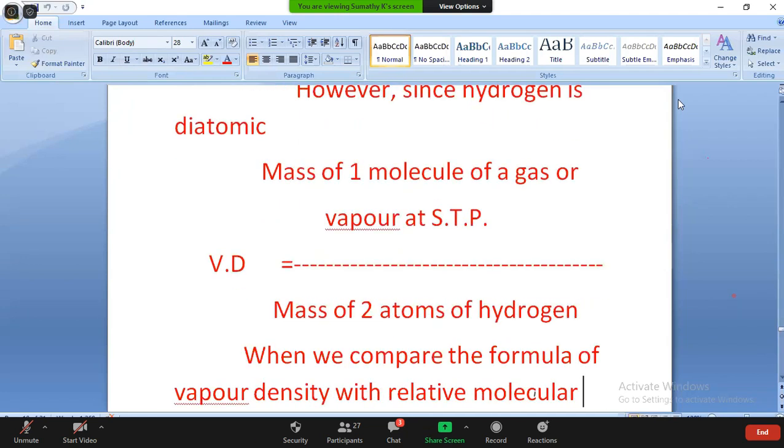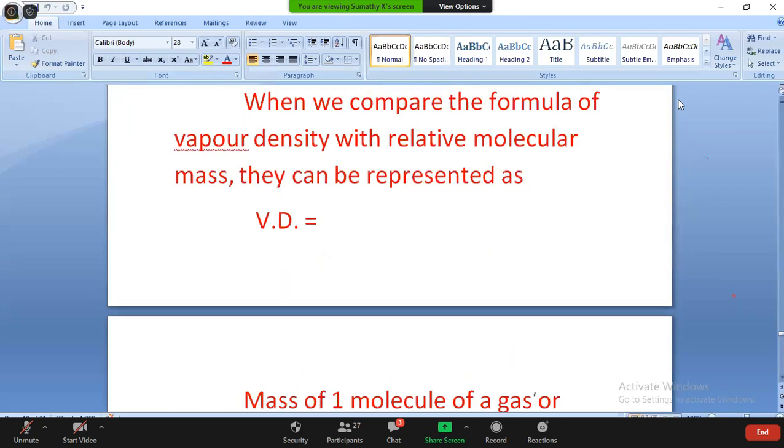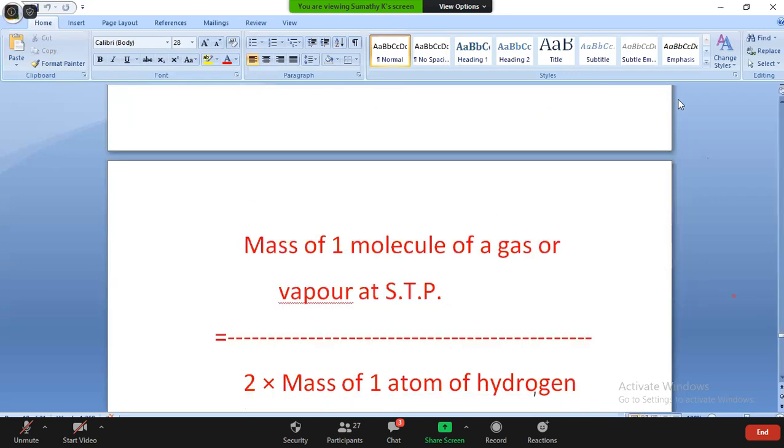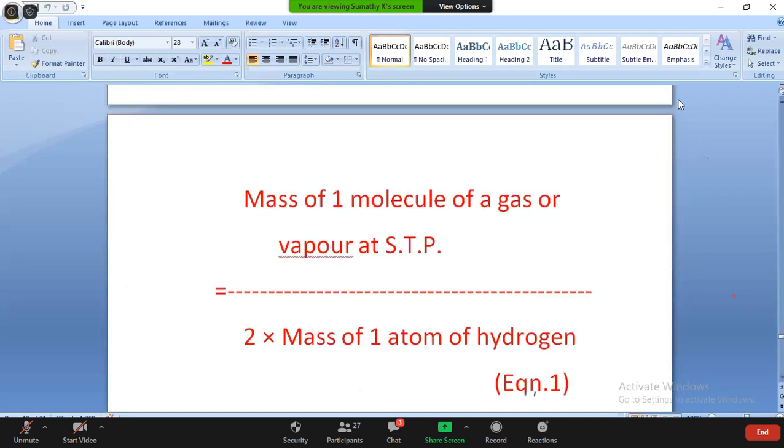When we compare the formula of the vapor density and the relative molecular mass, 2 atoms of hydrogen is compared with the molecular mass. Now, how do we derive the equation? The mass of 1 molecule of a gas or vapor at STP divided by 2 into the mass of 1 atom of hydrogen.